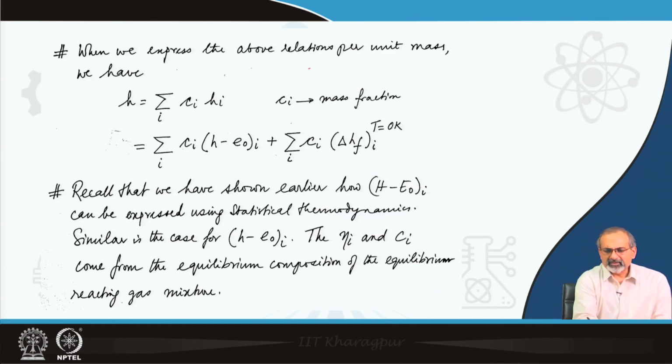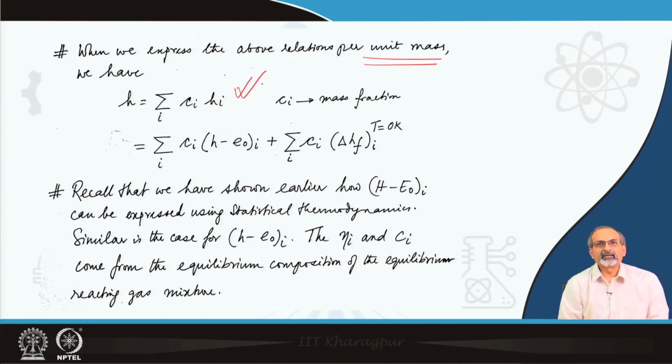When we express the above relations per unit mass, then we have to just make some changes. We have to bring in the small c i, the mass fraction, into h i, the lowercase h, which is on a per mass basis, again split it into the sensible part and the effective 0 point energy and express.